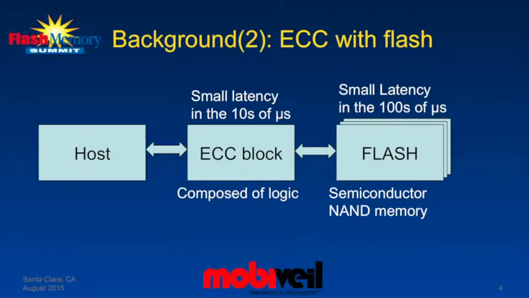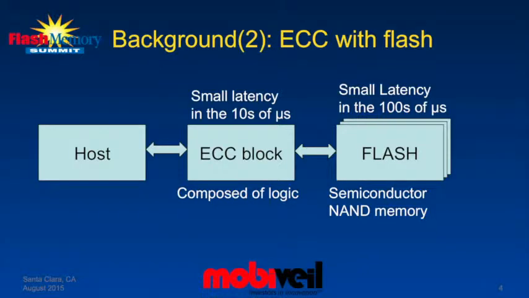And these flash devices, of course, had a lot lower latency themselves. The interesting part is that even though you have multiple devices, you don't have an ECC block per device. So it's kind of forced serialization through this ECC block. One thing nice about these ECC blocks is they were very deterministic. You could run data through them, and they came out in a specific order at a specific time.